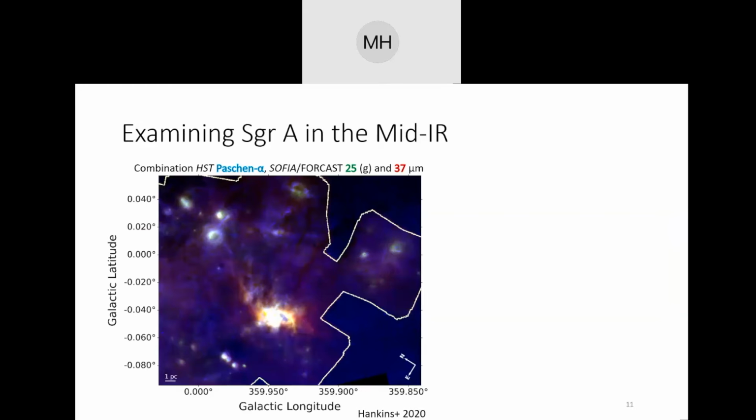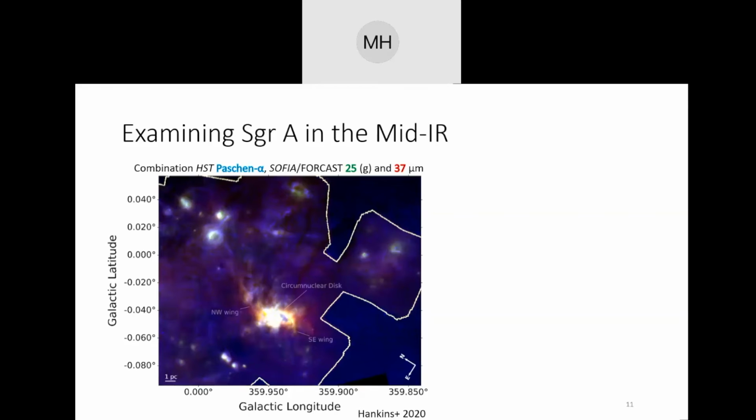I basically just did the 3-color RGB from DS9, where I've opened up this archival Paschen alpha image from HST, and then the SOFIA FORECAST data at 25 and 37 microns in green and red.